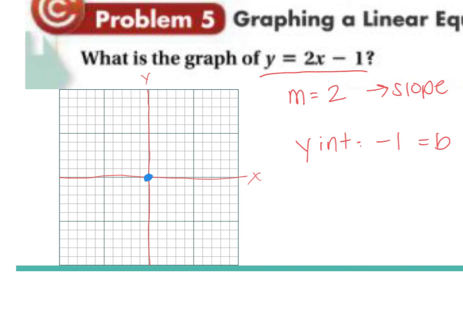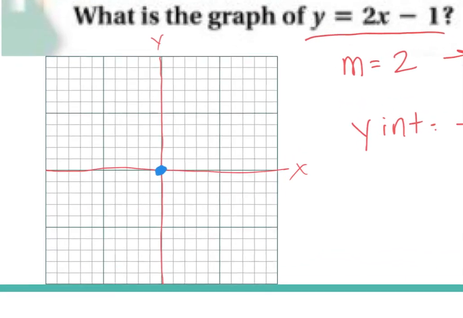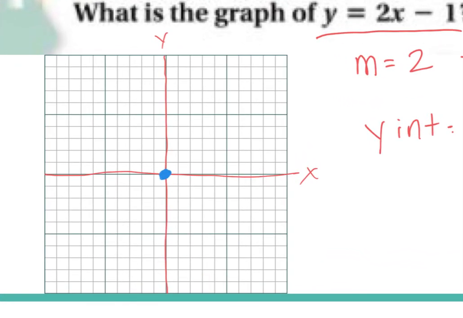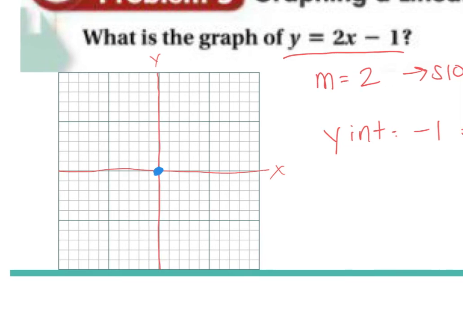Remember, your y-intercept is where the graph crosses the y-axis. If you plot the origin, you're saying that your y-intercept is what? 0, 0. Is that the point that we're looking for? We're looking for 0, -1. So Roy, what's the 1 point we know? Yep, 0, -1.